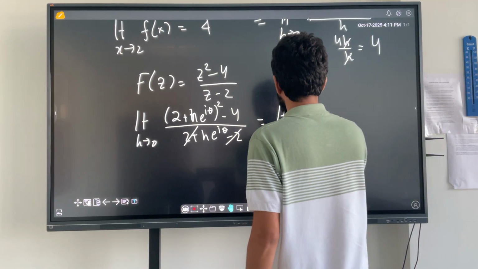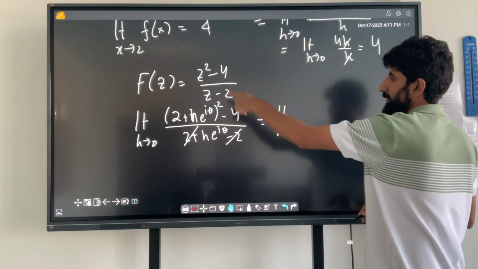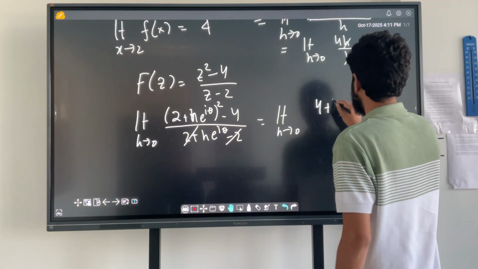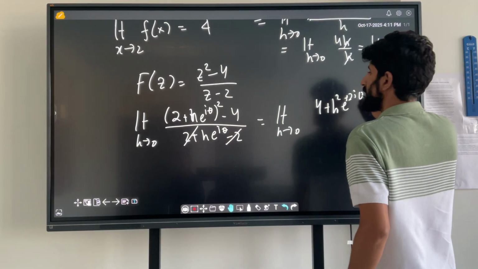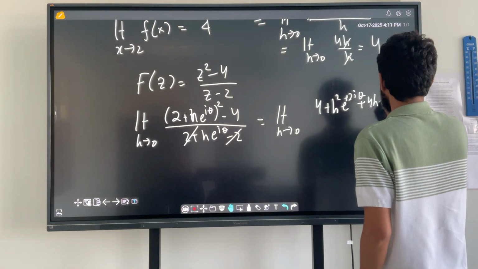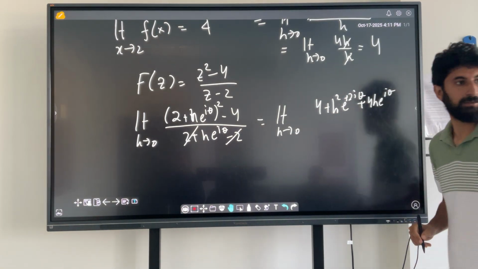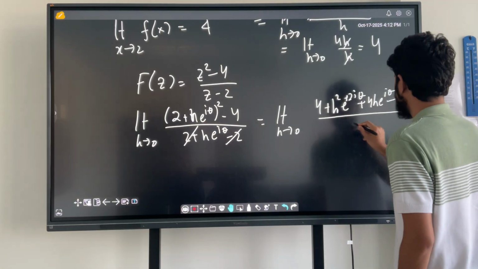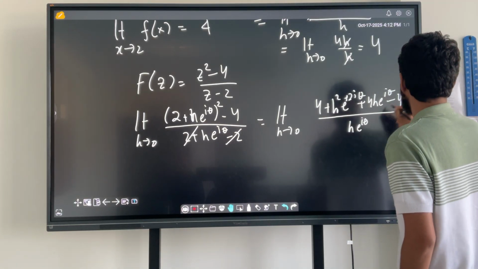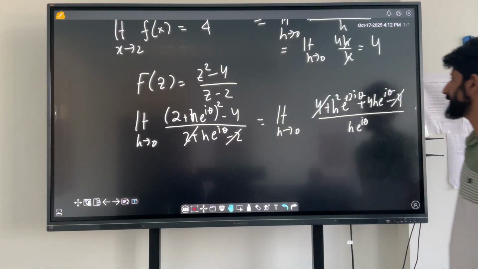Limit h equals to 0, 2 square is 4, plus h square e power 2i theta, plus 4h e power i theta, minus 4, divided by h e power i theta. And this 4 and 4 goes.